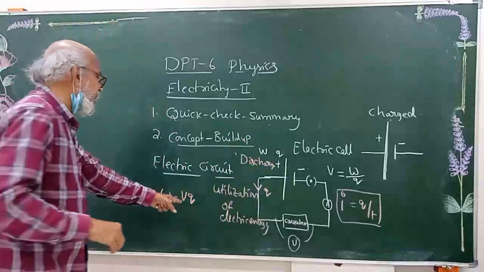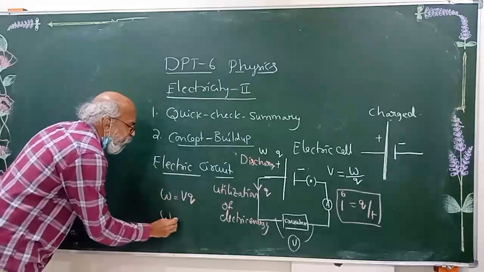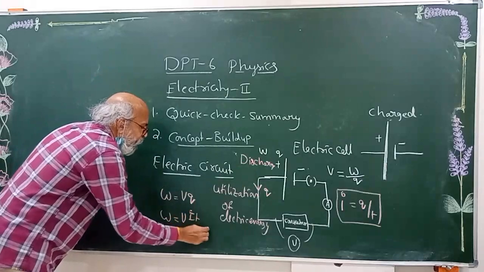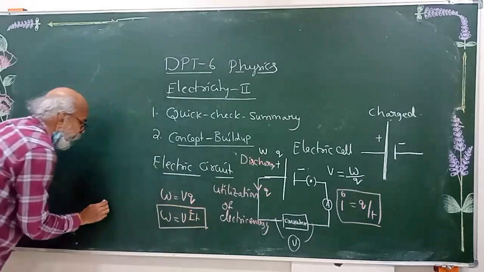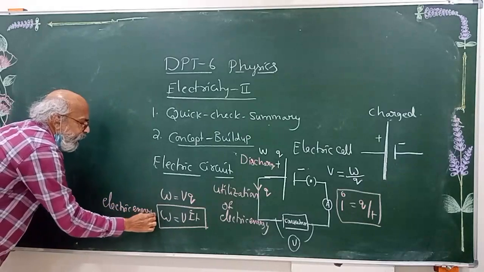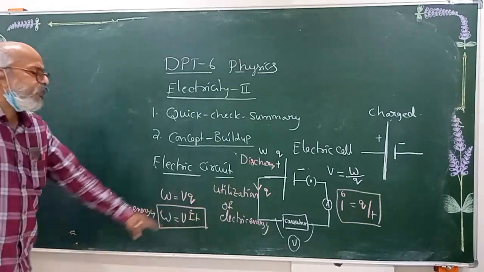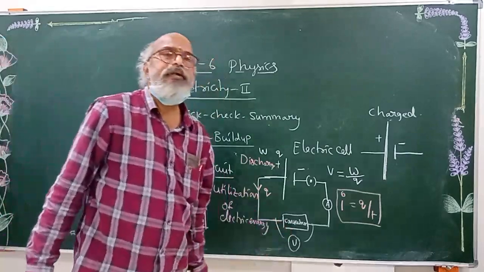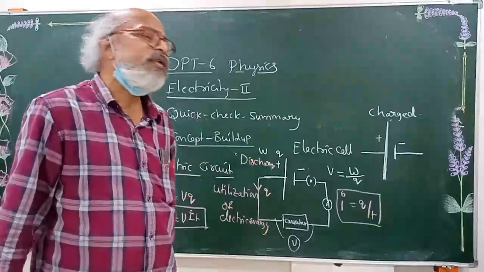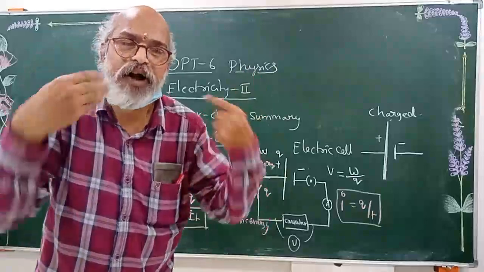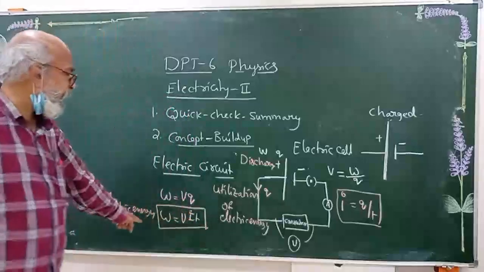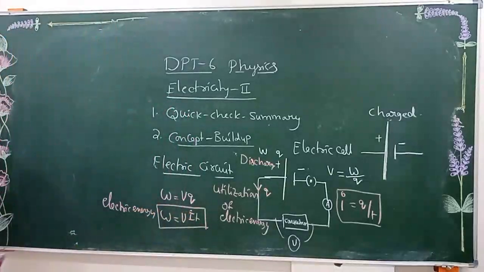So therefore W is equal to VQ, and Q is equal to IT, so you can write W is equal to VIT. When you connect a gadget, applying V volts, flowing current I for T seconds, the energy drawn, released or utilized is given by W is equal to VIT.